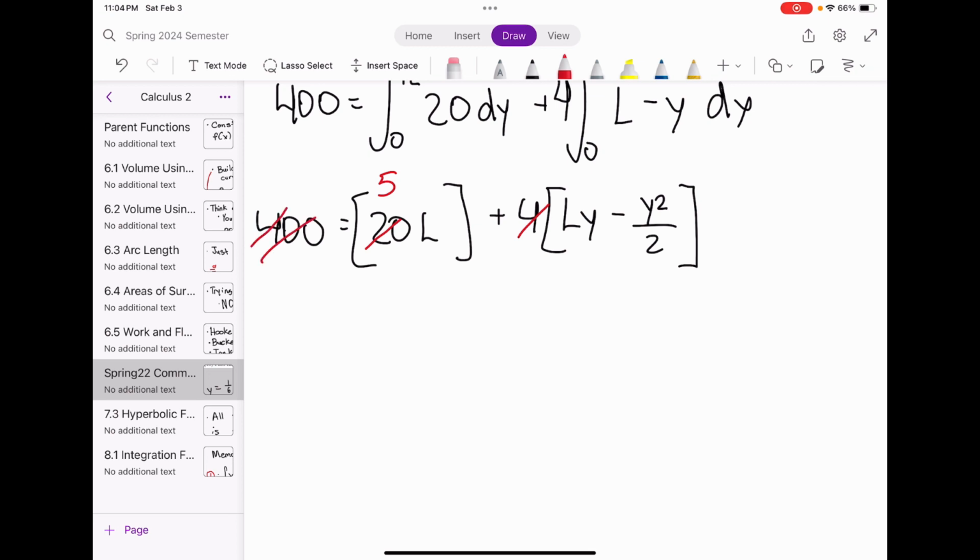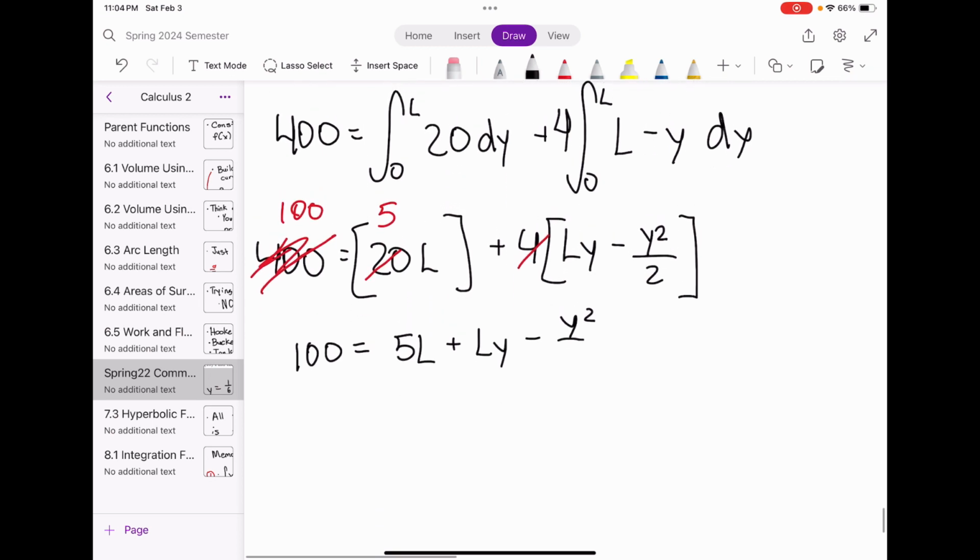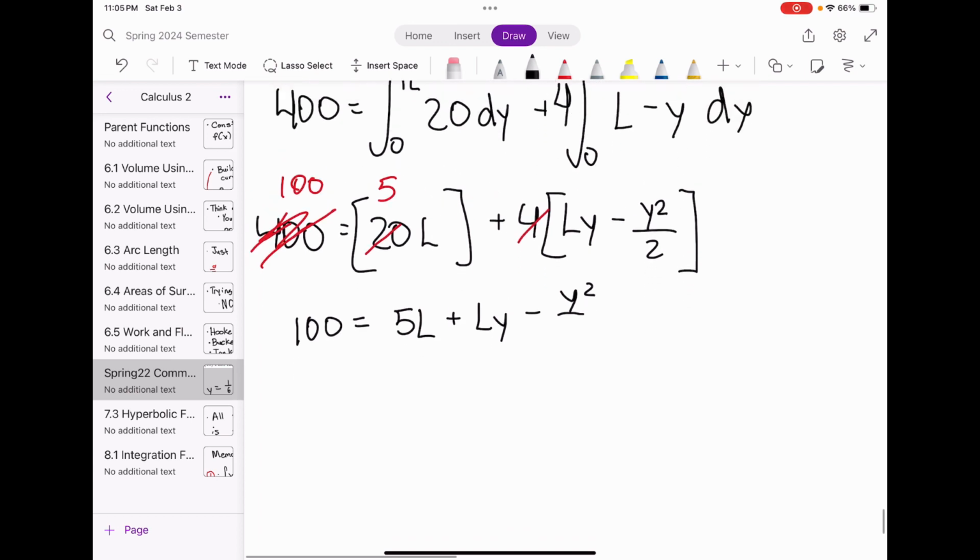And that's going to become 100. So you have 100 is equal to 5L plus Ly minus y squared over 2. Hold on. I need to backtrack. I'm getting ahead of myself.